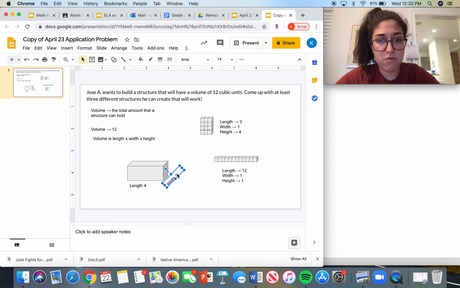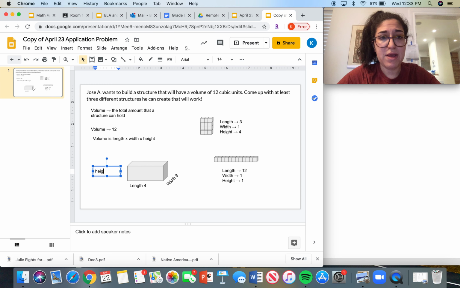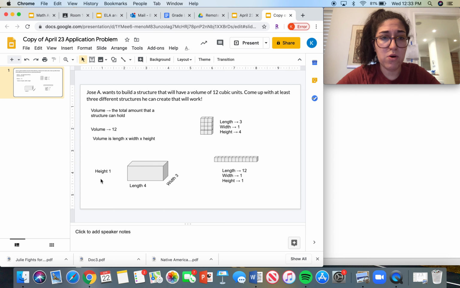I'm just going to grab this, move it over, and let's give it a height. Well, let's see what we have so far. 4 times 3 is already 12. So I've reached my capacity, so that means that I can't make the height anything that will change that number. So my height is going to be 1.